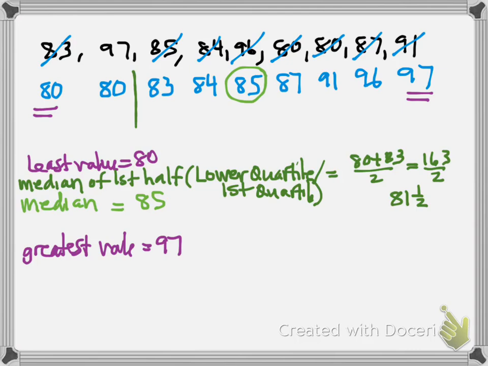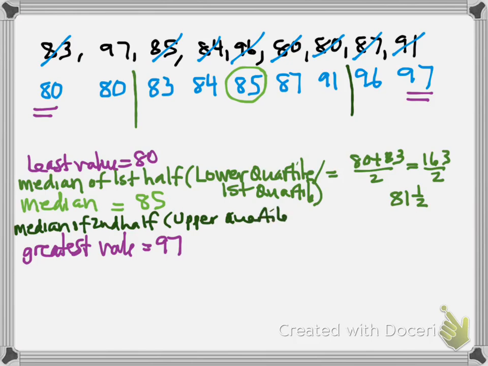Same thing, we have 4 numbers on the right side, so I'm going to figure out the median of the second half. Do you guys remember what it's called? It would not be the second. It's the upper quartile. It's not the second quartile because the second quartile is the median.